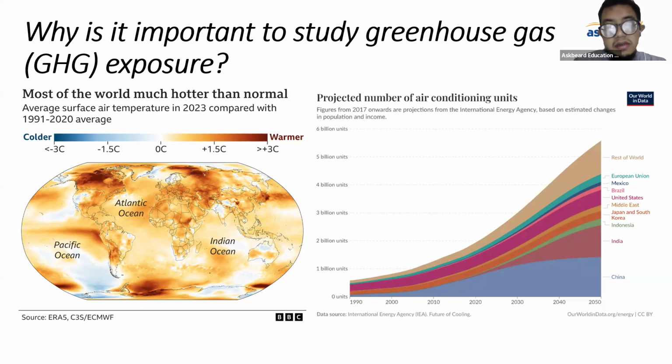It might result in an increasing number of air conditioning units, and as we know, the increasing number of air conditioning units might increase the heat emissions to the atmosphere, which may increase the global temperature even more.